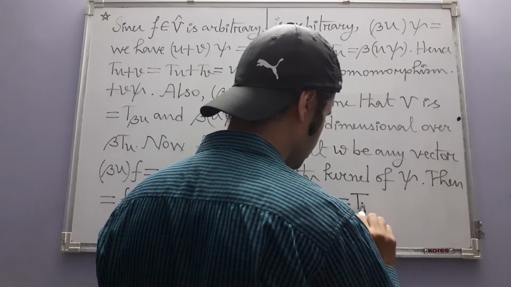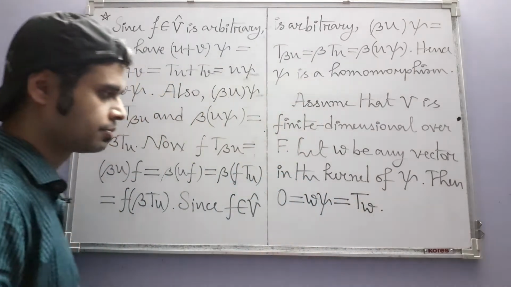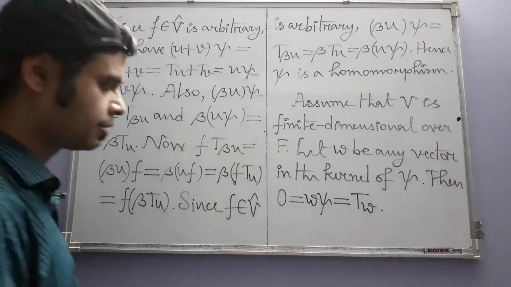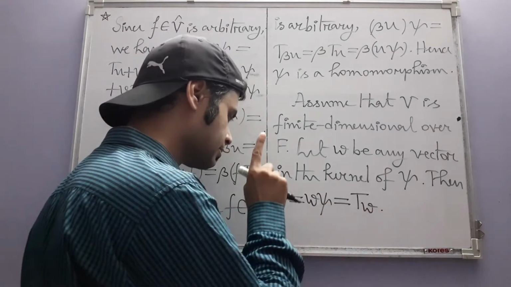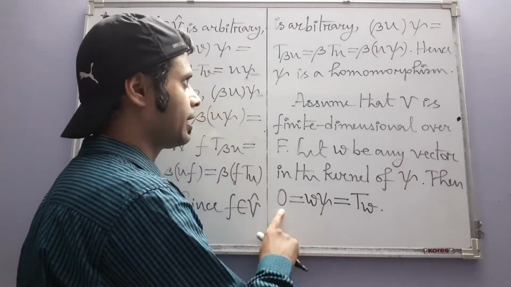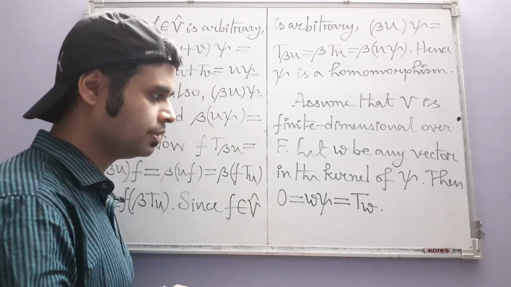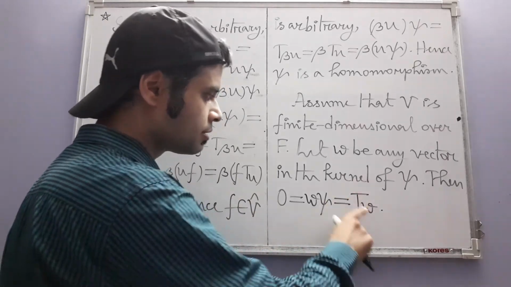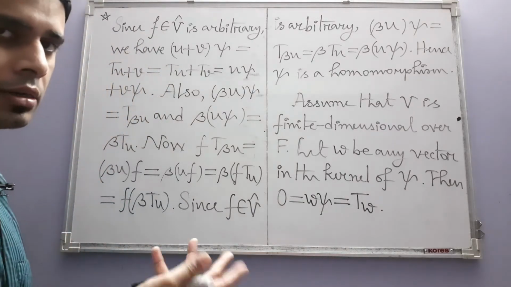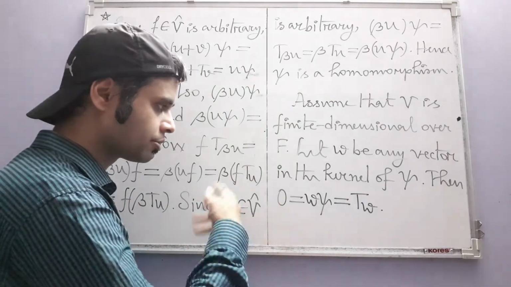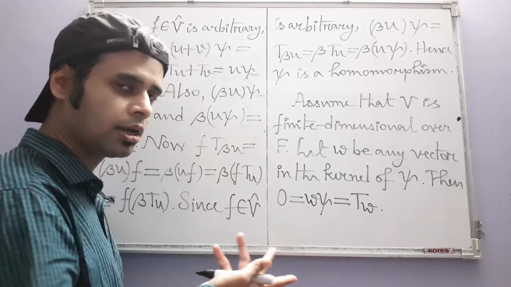This is T w. Okay, and this equation itself tells us that the zero that we are writing here is actually the zero element in the second dual of V, because that's where this thing is. So they are equal means this belongs to the second dual of V.